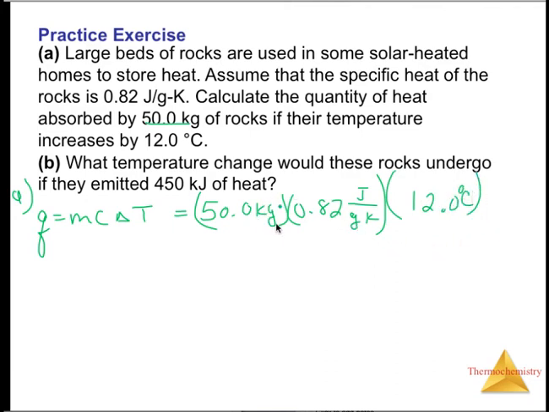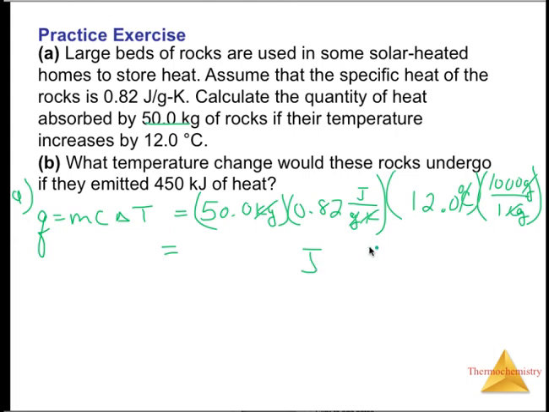Notice kilograms do not cancel with grams, so I need to have 1,000 grams in 1 kilogram. Now kilograms cancel with kilograms, grams with grams, Kelvin and delta C for delta T. I'm left with joules. So in the calculator, take 50 times 0.82 times 12 times 1,000.